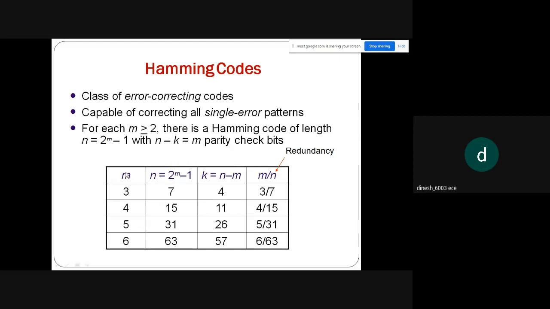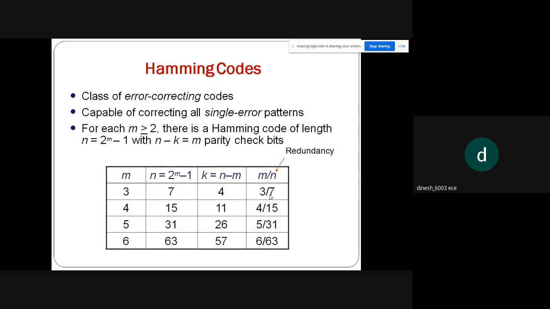For m is equal to 6, 2 power 6 is 64, minus 1 is 63. k is 63 minus 6, which is 57. Then m bar n will be 6 bar 63. So as the distance increases, you can find the values for this. 3 bar 7, what value do we get?